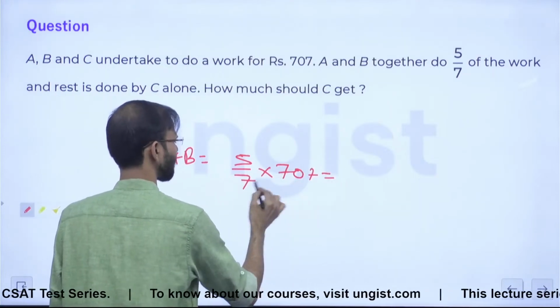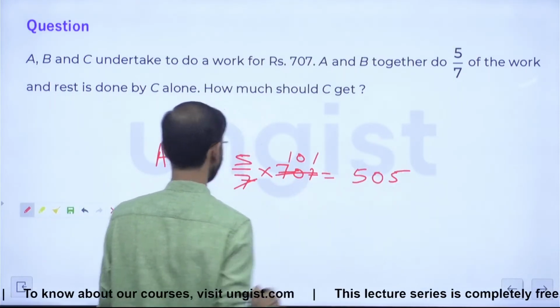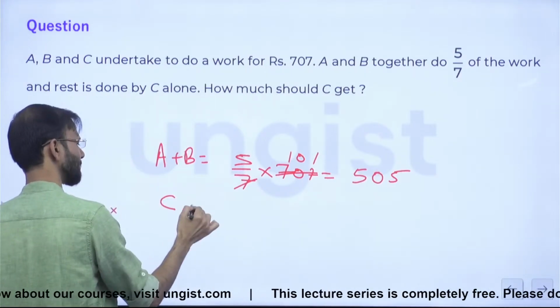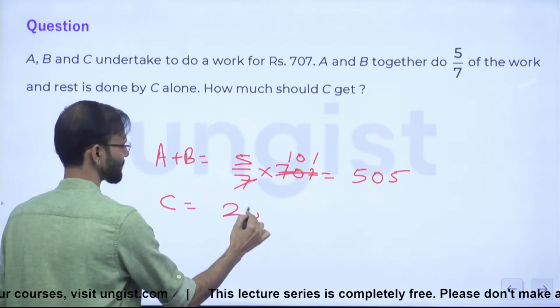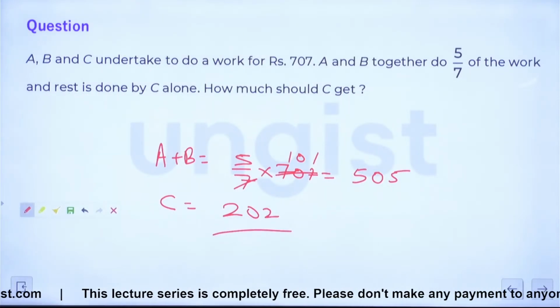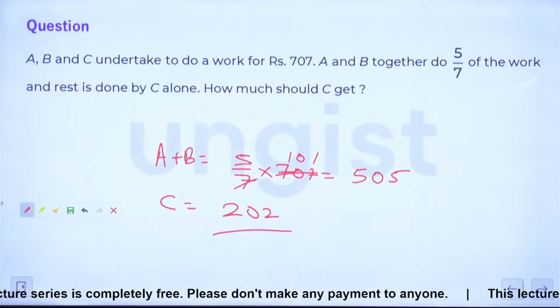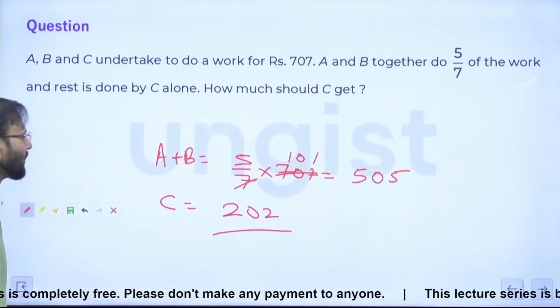So this is 101. Right. Now C. Obviously it is 202, right? Clear, guys? Huh? All right.